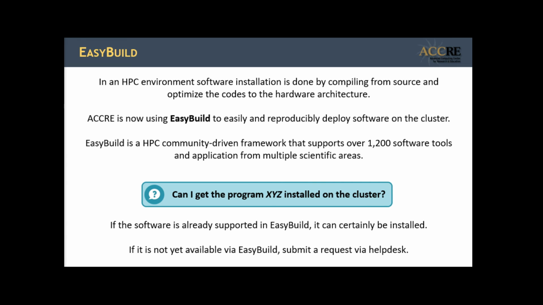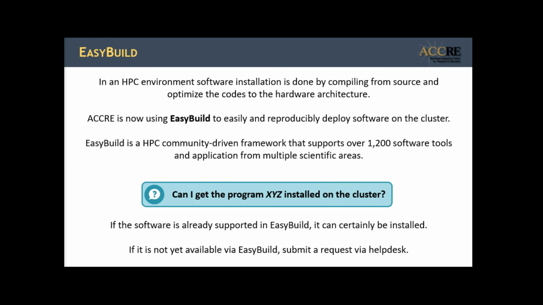So one of the typical questions that comes from our users is, hey, can I get program blah installed on the cluster? Well, if EasyBuild already has the recipe for the software that you want to be built, sure, it's not a problem.